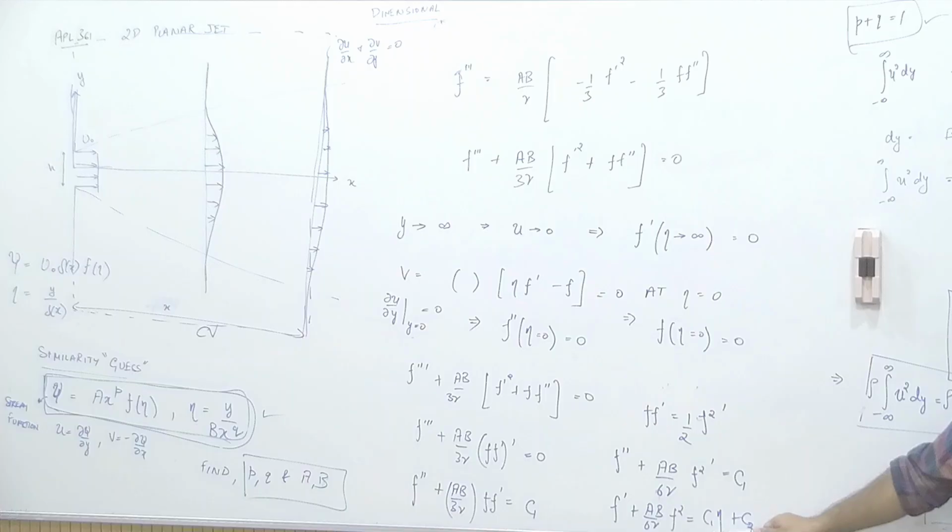You cannot just obtain that you have a linear dependence on eta, because this equation has to be valid for eta tends to infinity. So, you can reason out that C1 has to be 0, and you have an f prime equals some constant minus another constant f square, and this is an equation that you can integrate. Okay, this is an integration that you can do, and so we'll try to do that in the next lecture.